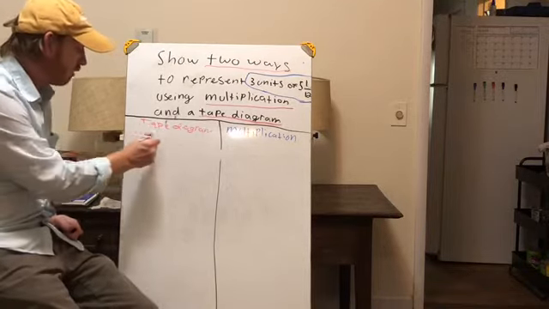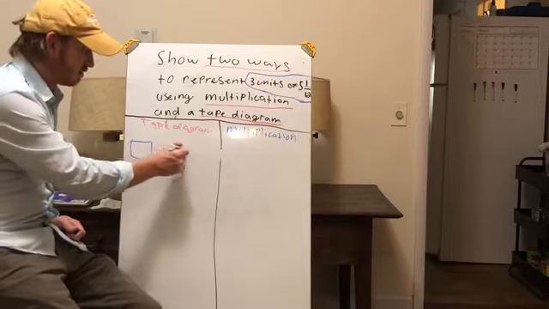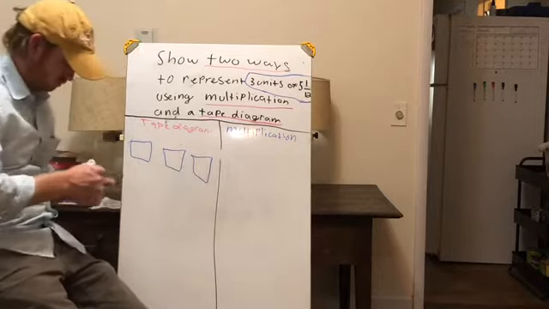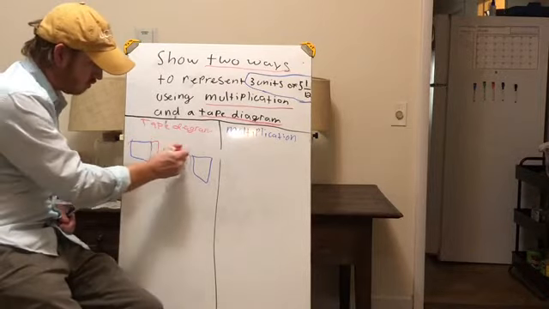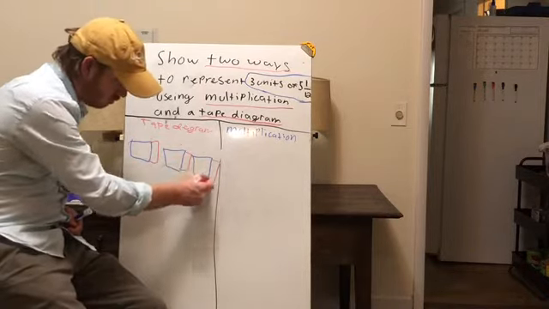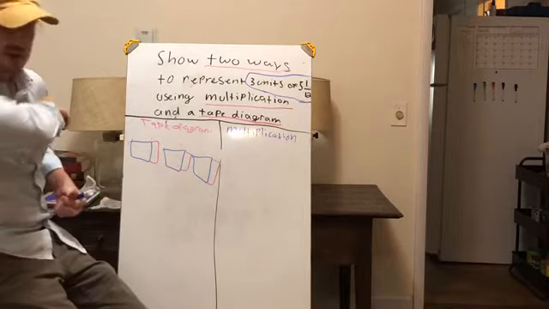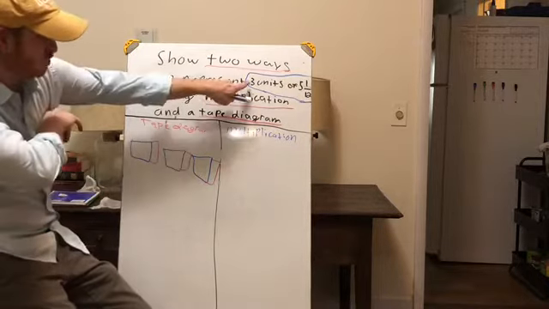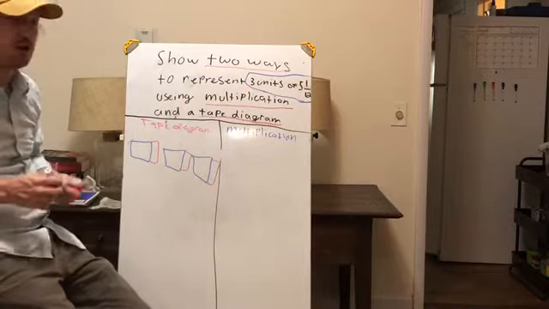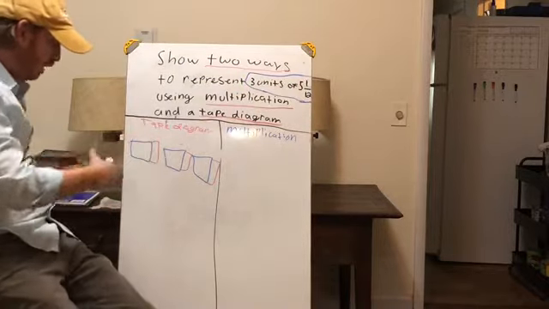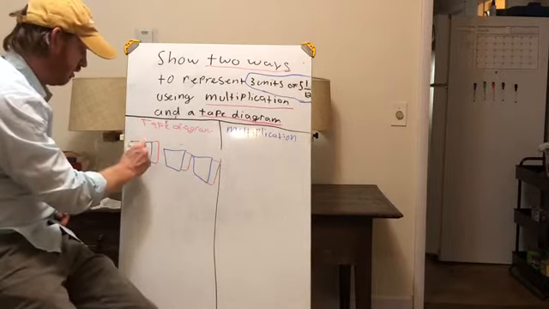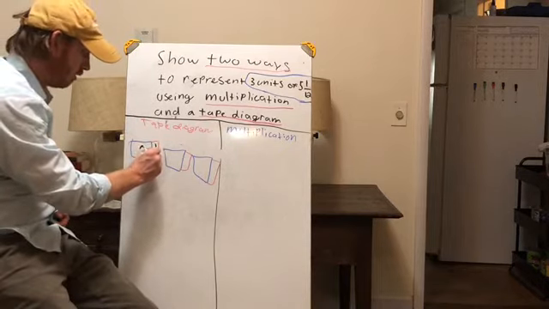So if I draw it out, it's going to look like this. You're going to have 3 groups, because there's 3 units of 5 1/12. So here's 1 unit of 5 1/12.